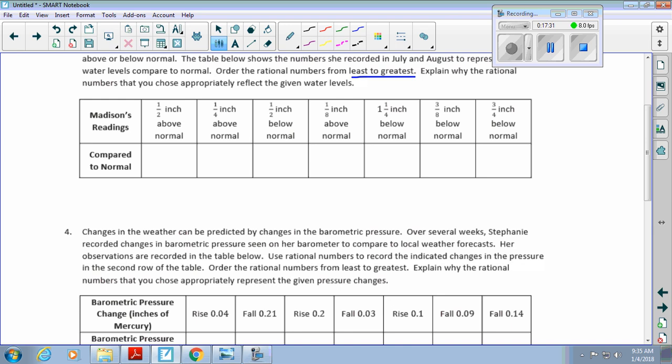We want to compare them. They should all have the same... You could convert them to... Were you going to say decimals? You could, and then they'd be really easy to compare. But these are pretty simple fractions, so we need to make sure they all have the same denominator. Yep, a common denominator.